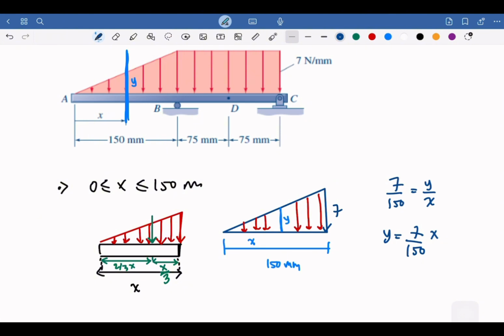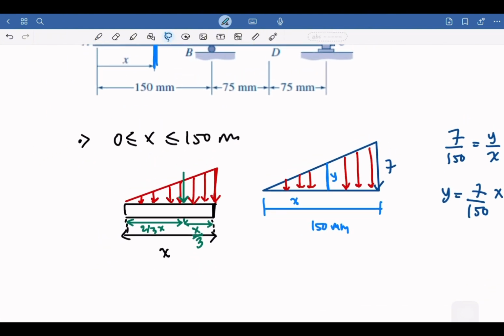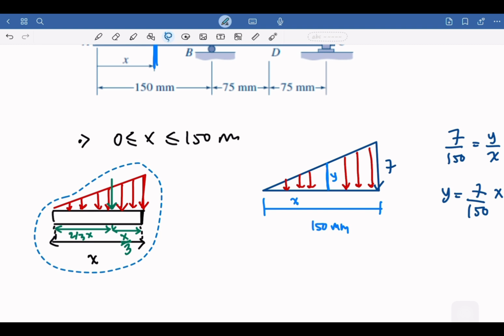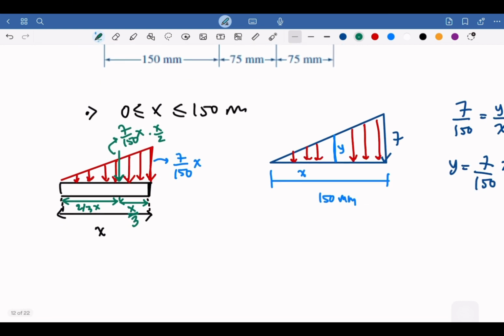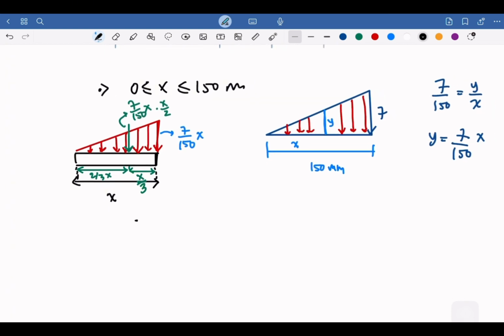So this part here is 7 over 150 x. So the resultant will be 7 over 150 x multiplied with x over 2. That's the resultant. So the equilibrium will be sigma Fy equals 0.